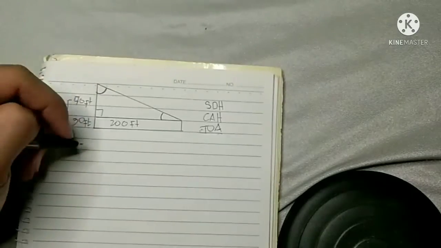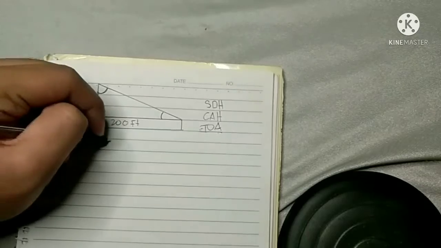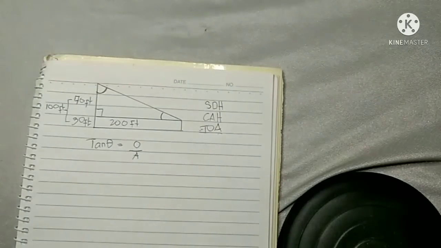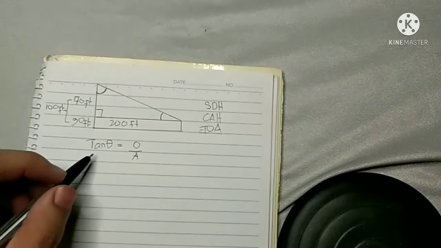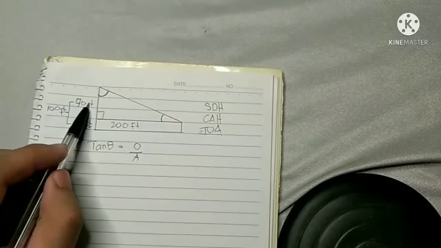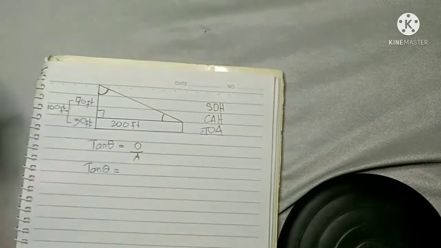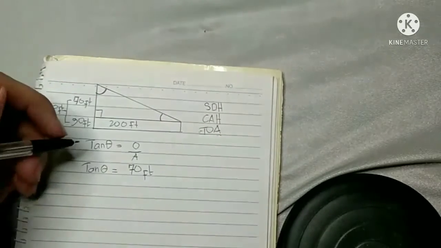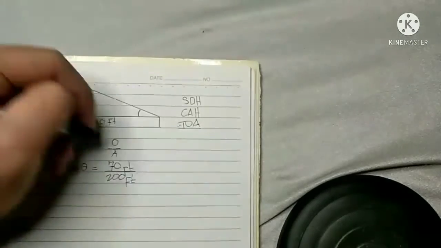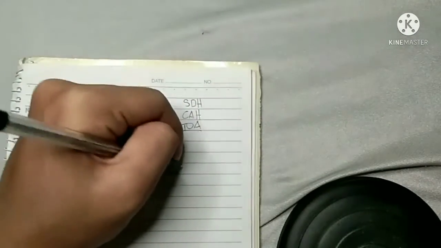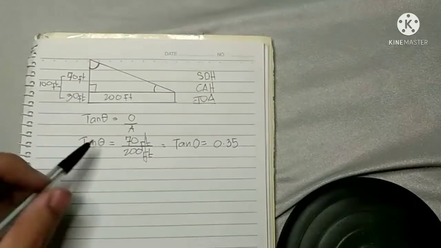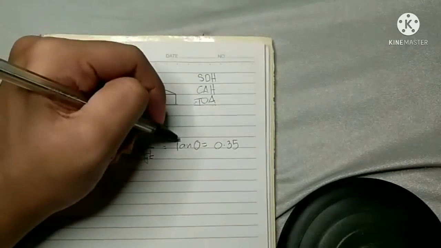So we need to find the angle of elevation. Since we have our opposite and our adjacent, we can use this formula: tangent theta equals opposite over adjacent. Our opposite is 70 feet and our adjacent is 200 feet. Using our calculator to solve 70 over 200, we get tangent theta equals 0.35.